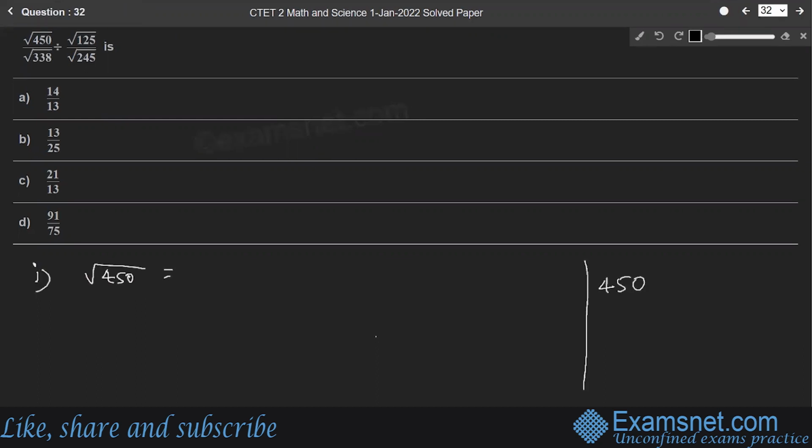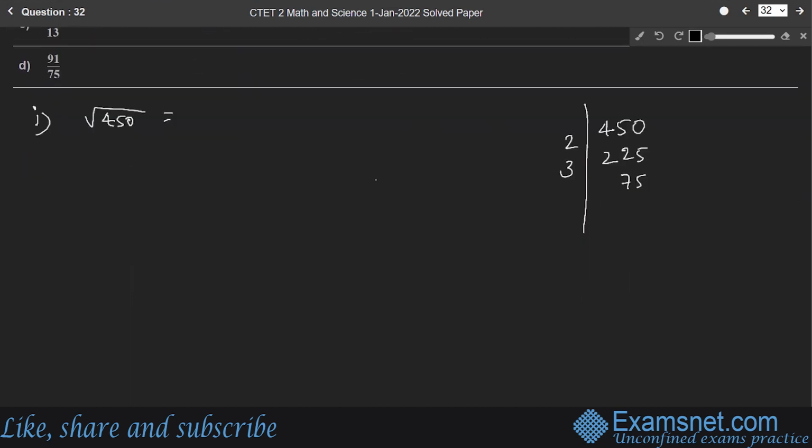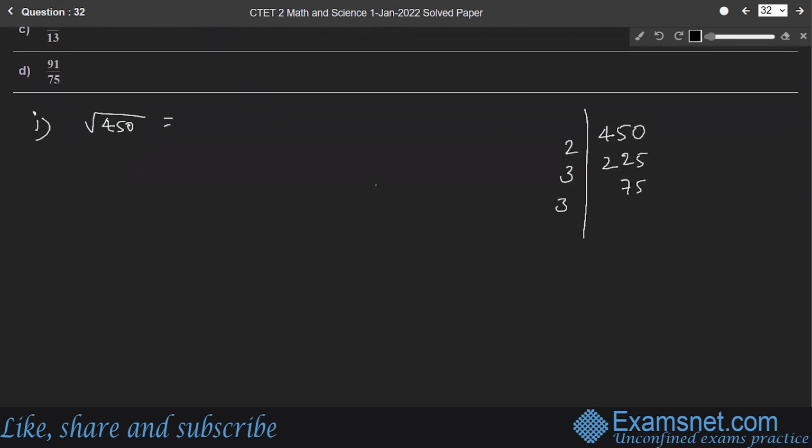Finding the roots by factorization method, that is 2 into 225. So 3 into 75. 3 into 25. 5 5s are 25.